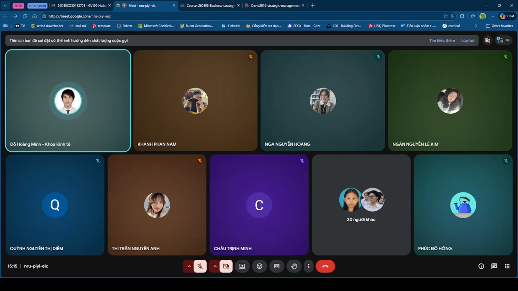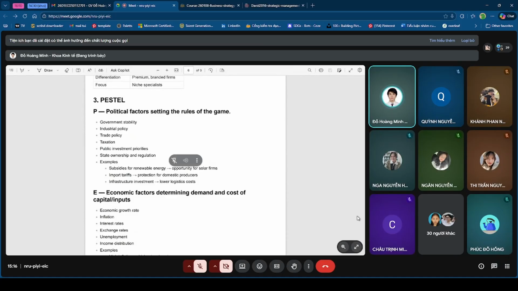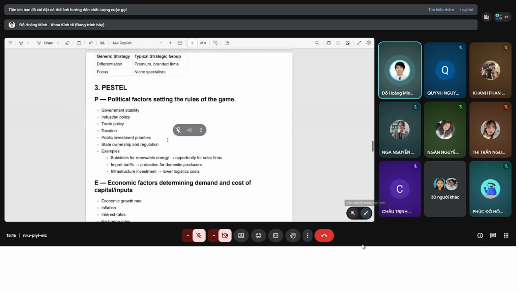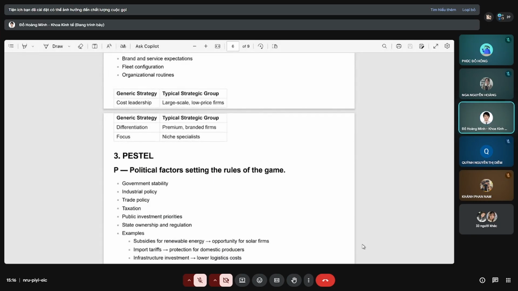Part of this lecture is about how to analyze macro environment. I use the model called PESTO.